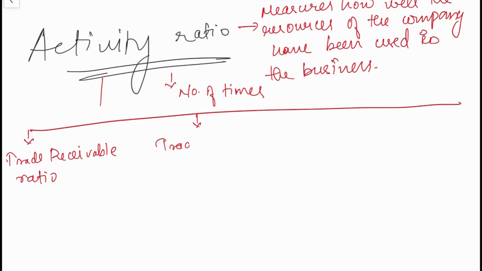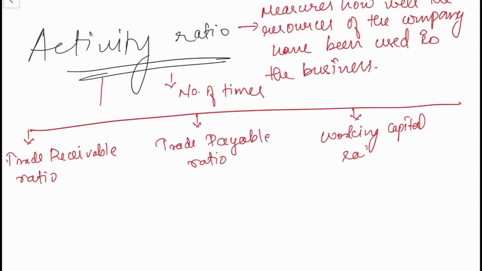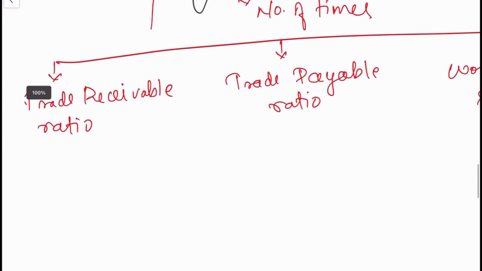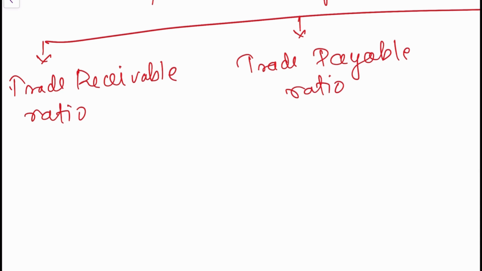Second is trade payable ratio. Third one is working capital ratio, and the fourth one is inventory turnover ratio. Okay, so firstly, trade receivable ratio.